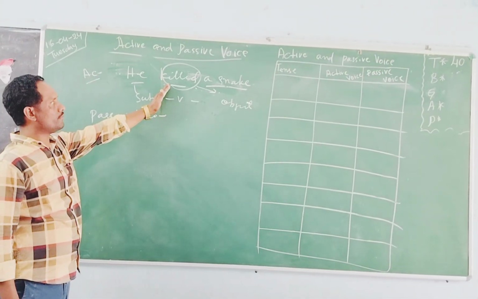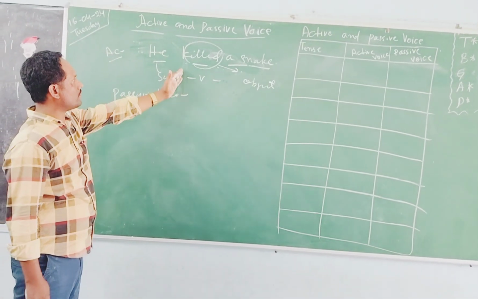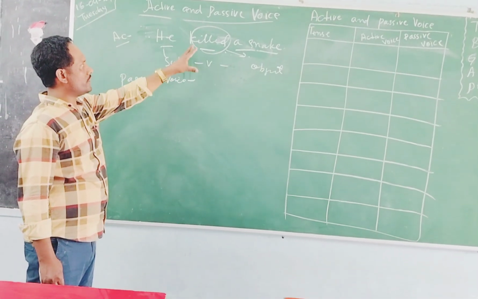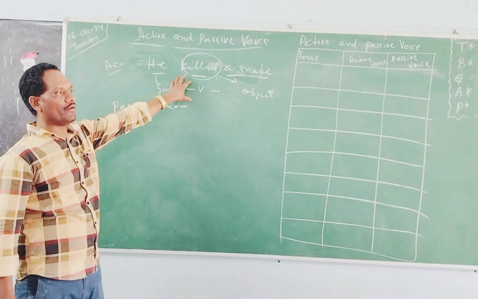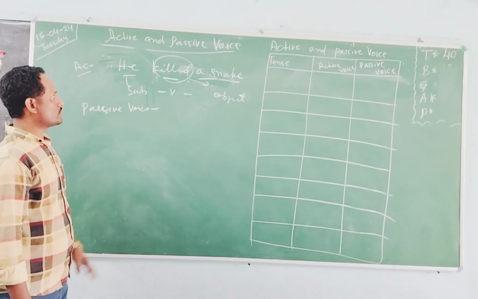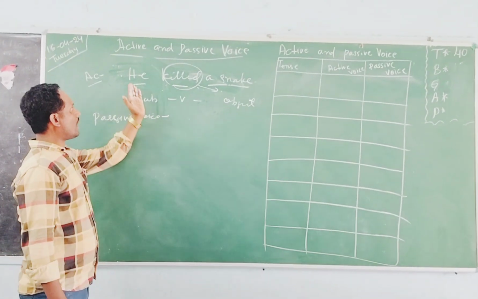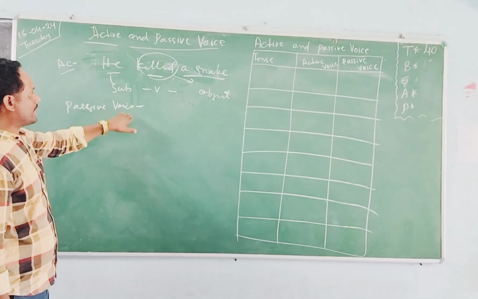In passive form, in the active and passive table we have, I will write on the table. Active and passive voice, past tense, we have two helping verbs, was and were. So there should be subject and verb agreement. So we know how to convert the active voice into passive voice.